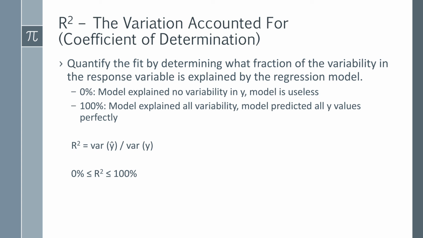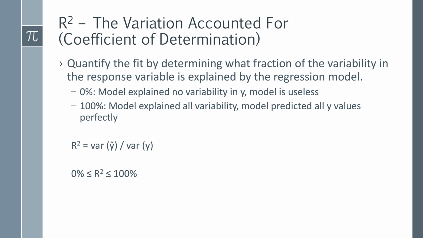If you calculate an r squared and it equals 0%, your model explained no variability in y, and in that case your model is useless. If your r squared is 100%, your model explained all of the variability and predicted all y values perfectly. In reality, that is extremely rare, if ever. You're not going to have a model that explains all of the variability in y.